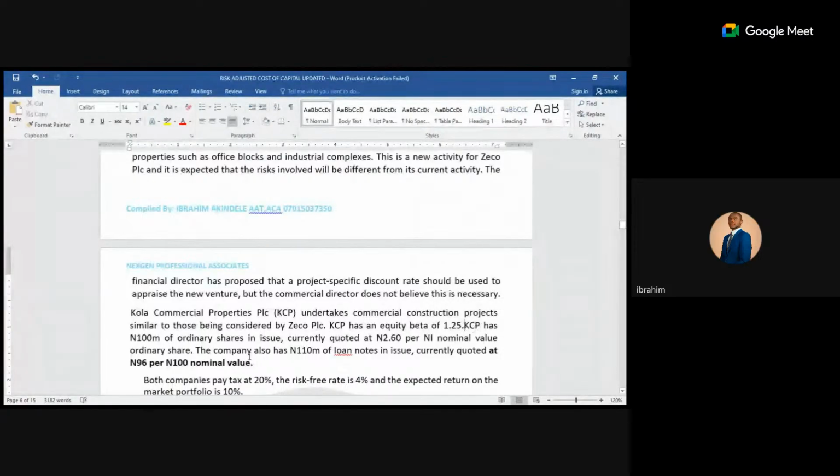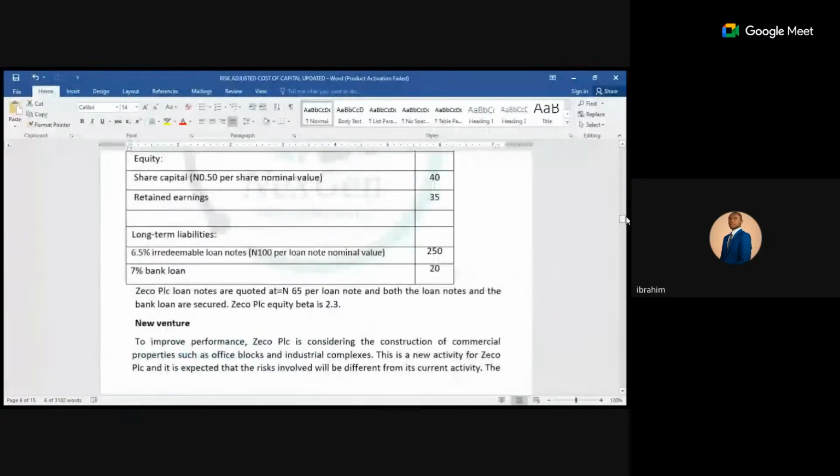KCP has 100 million ordinary shares in issue, currently quoted at 2.60 kobo per 1 naira nominal value ordinary share. Now you can see this is the value of the ordinary shares, 100 million.